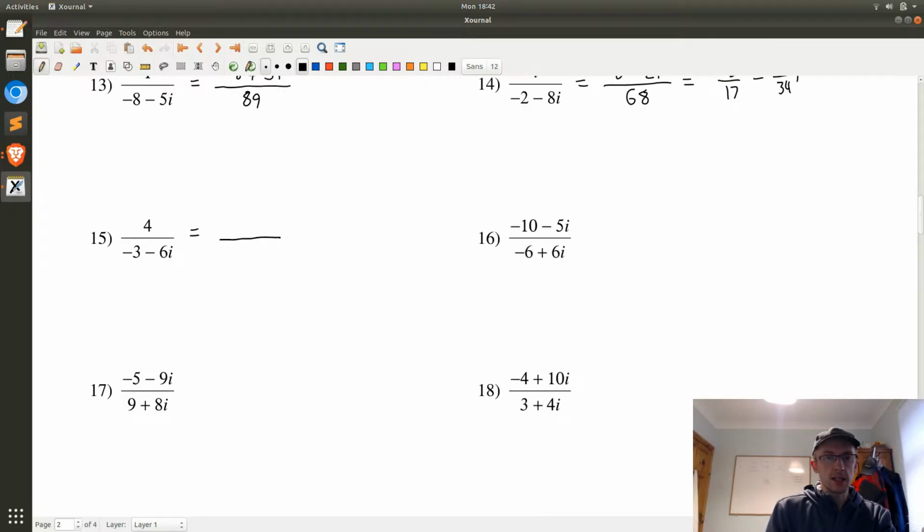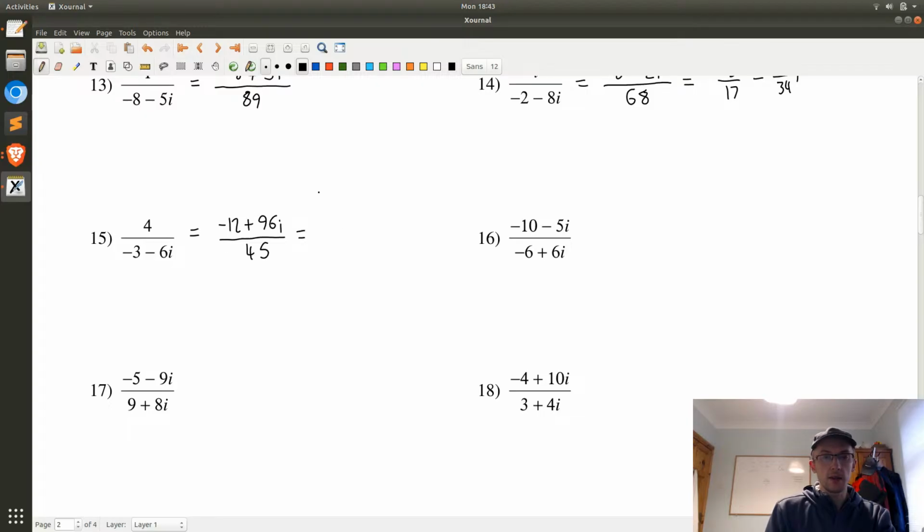Here, the denominator's magnitude will just be 9, 36. Add them together, you get 45. Then do 4 times it by the conjugate in your mind. The conjugate is negative 3 add 6i. So 4 times negative 3 is negative 12. 4 times 24i is 96.